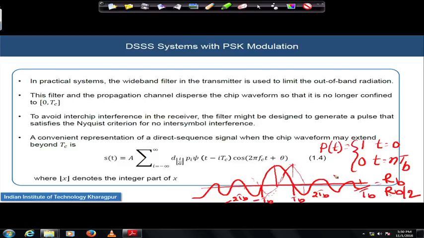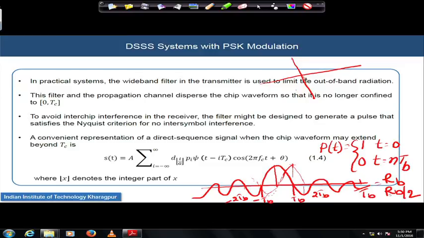So, Nyquist came up with a second kind of pulse design, where he showed that if we wish to reduce the bandwidth further, we can simply do it by increasing the width of the pulse. So, the width of the pulse that we are now talking about will be given by this.